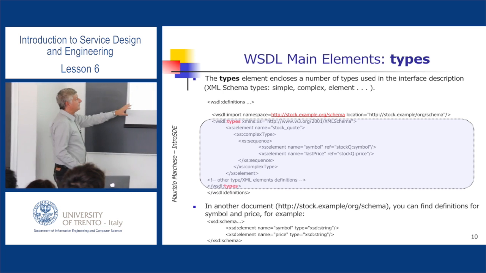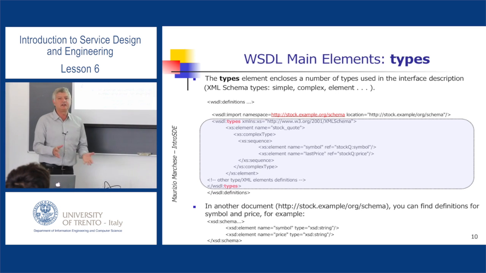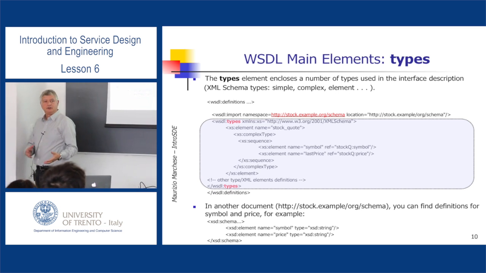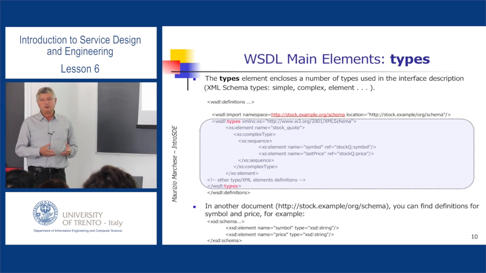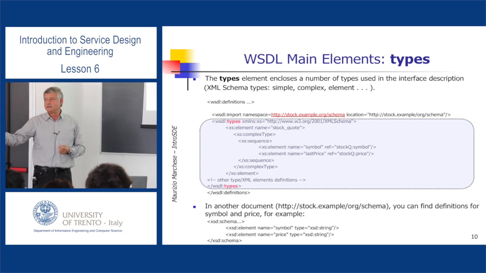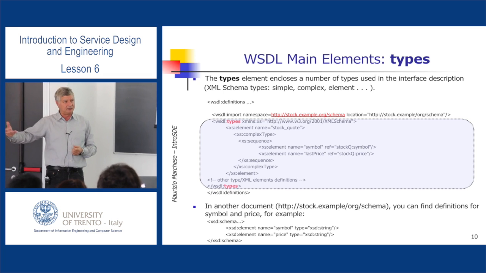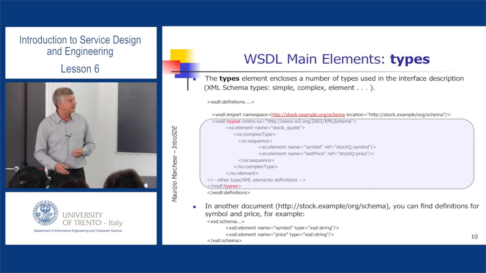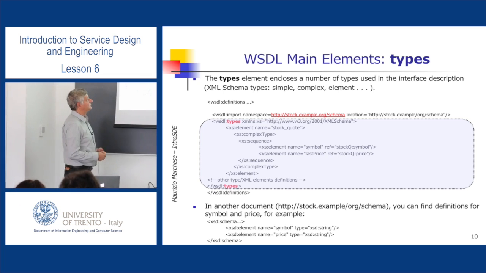So it is in the second file. It's the same that we have encountered in SOAP. Also in SOAP, you have the possibility to always connect to another XML schema that defines the actual implementation of the data type. And that's the same trick that is used here.